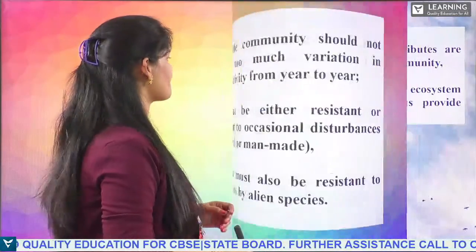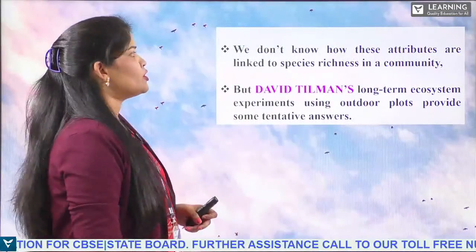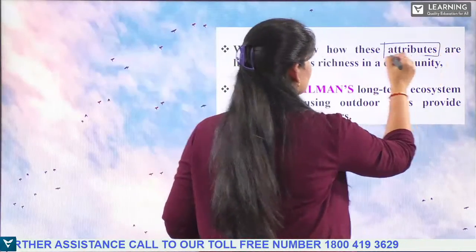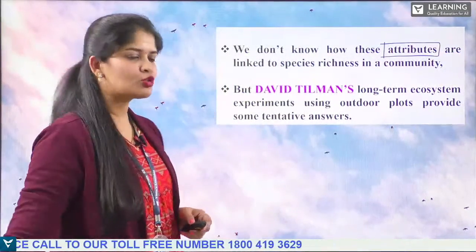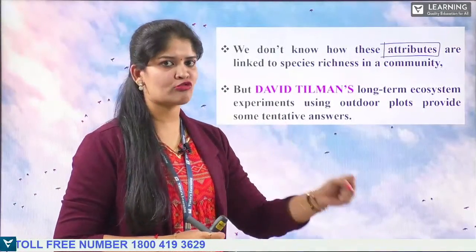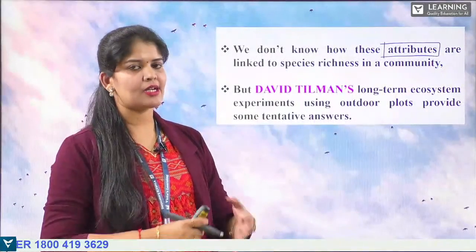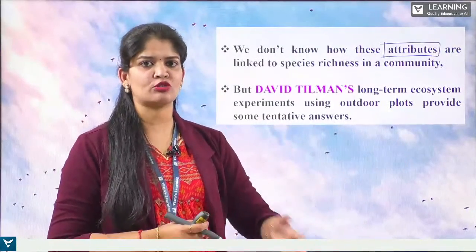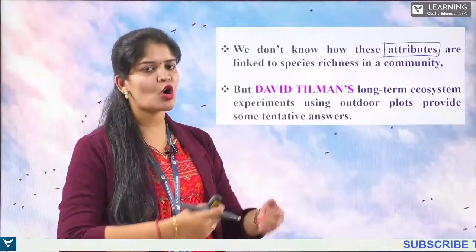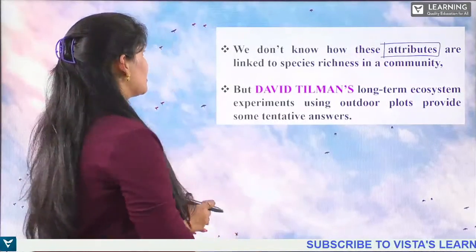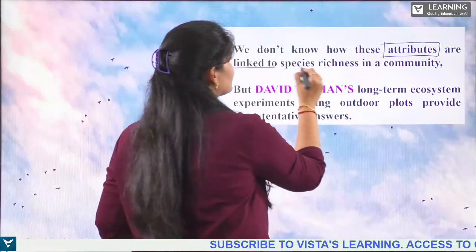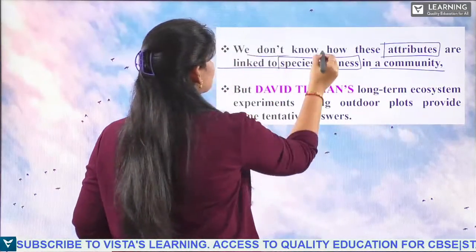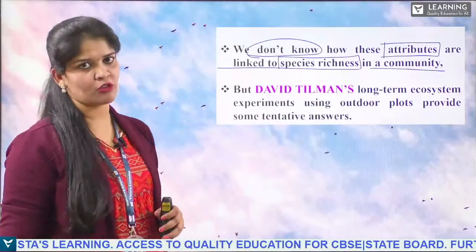Now, we don't know how these attributes, being stable to the disturbances created by natural or man-made means, and being stable to the invasive alien species coming to the community, are linked to the species richness in the community. That is completely unknown.